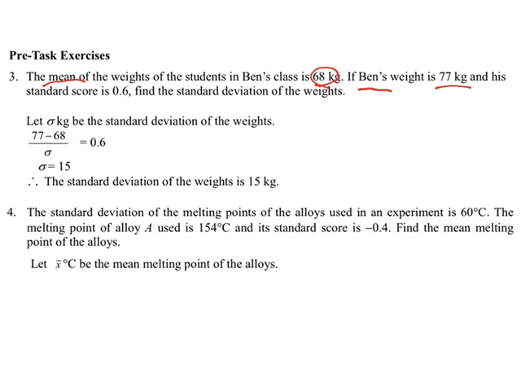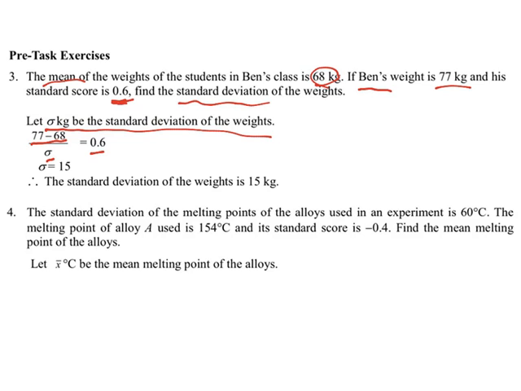So 77 minus 68 for the numerator. We don't know the SD, the standard deviation, so we let sigma be the SD first and then divide by sigma. The standard score is 0.6.